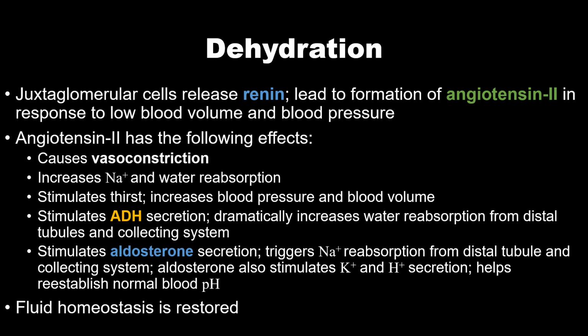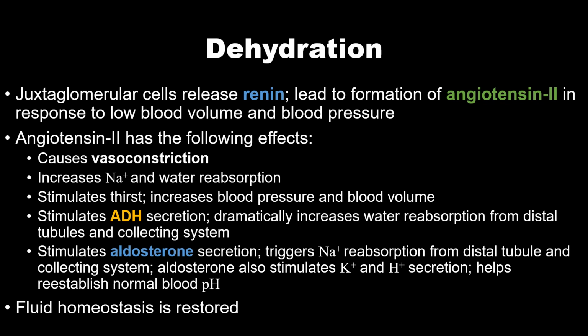All the actions of angiotensin II, antidiuretic hormone, and aldosterone in combination increase the amount of water in the body. This restores total body water, blood volume, and blood pressure, thus decreasing the osmolarity of the ECF back to normal, and the increased amount of water also restores the normal sodium ion concentration.